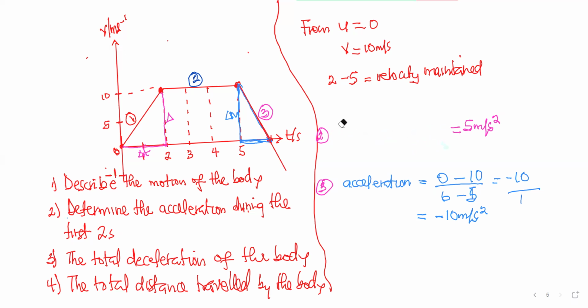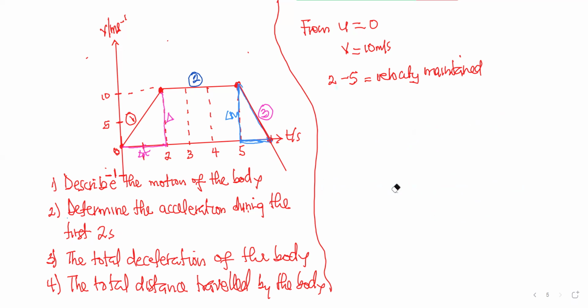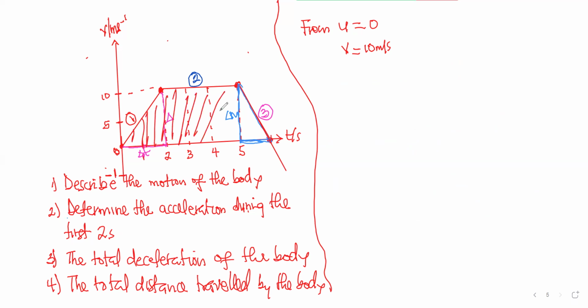So if I want to find the total distance traveled, I first determine the area of the trapezium above, the total shape under the graph, the whole motion. Let me also assume that this is 7 here.